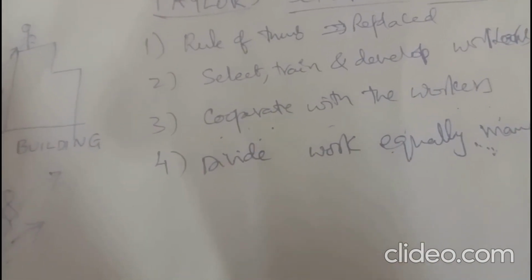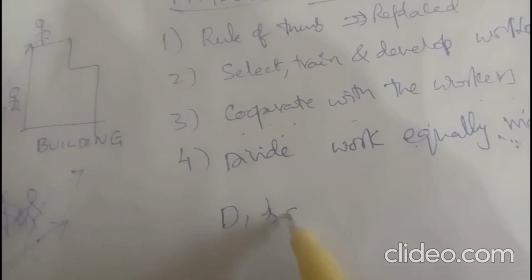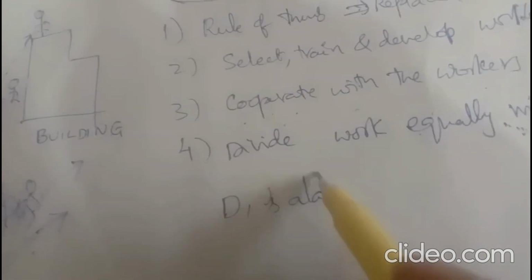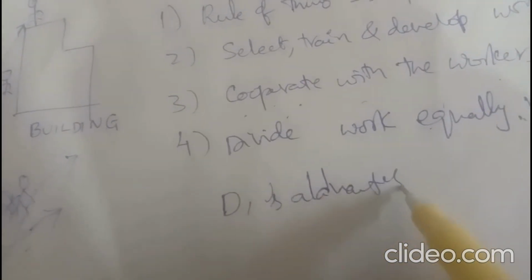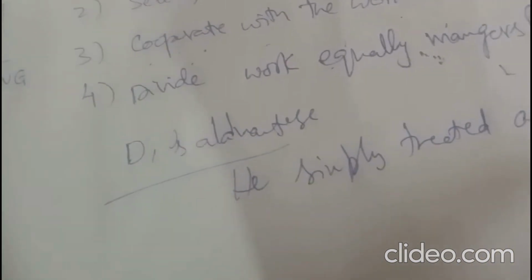At the same time, the disadvantage of this management technique is that he simply treated the labor as machines. This is the only drawback of scientific management.